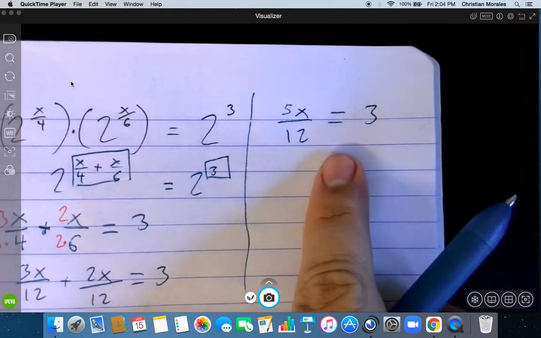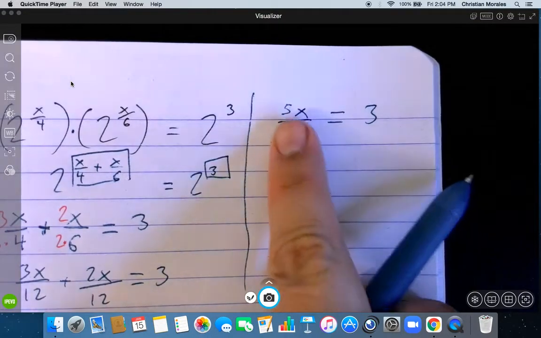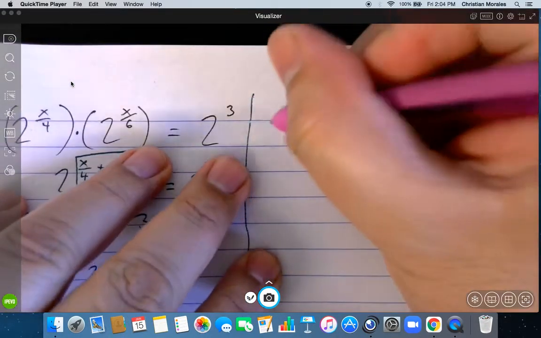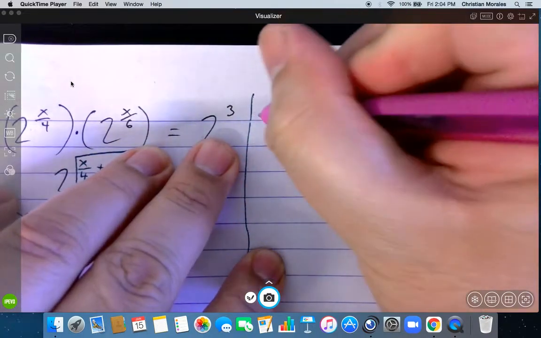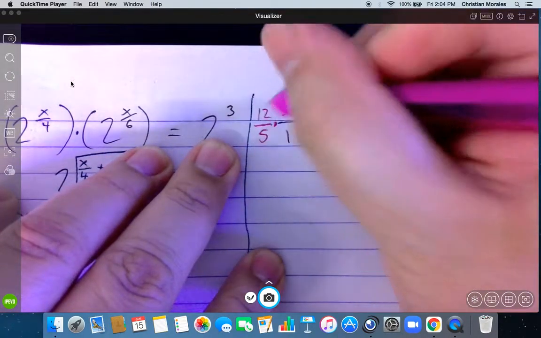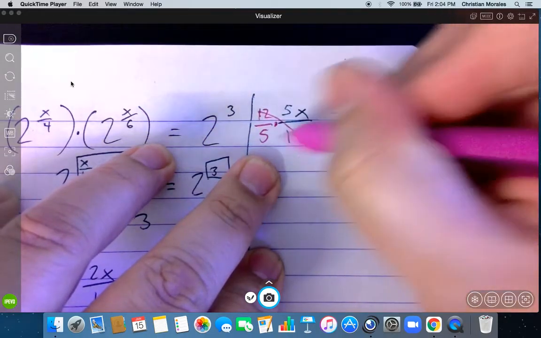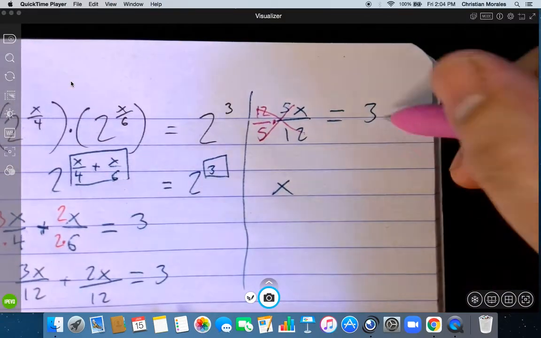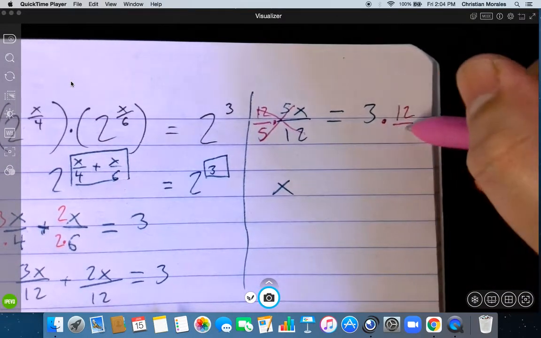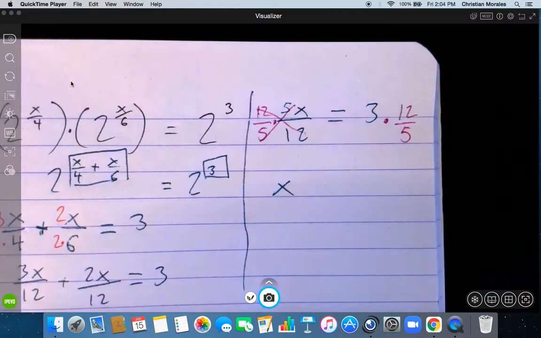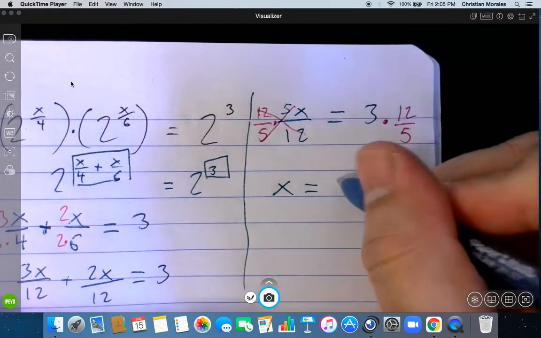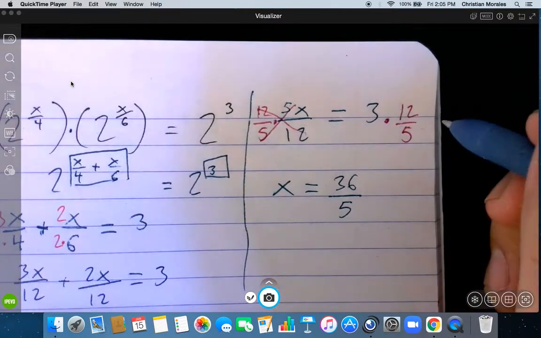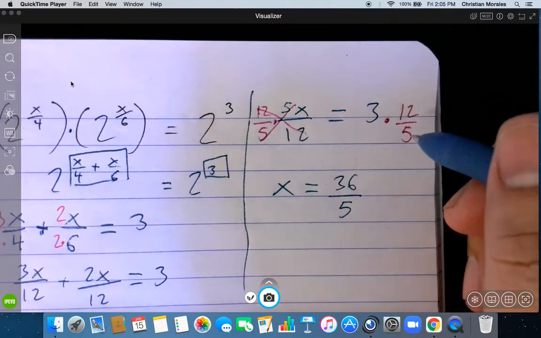Okay, to solve for x now, I have to get rid of the fraction. If you guys remember the rules of inverse operations, the inverse of this fraction would be 12 over 5. That cancels out the fraction, but it leaves the x alone. And on this side, we multiply it, 12 over 5, and we get 36, 3 times 12, over 5, and that is our answer.